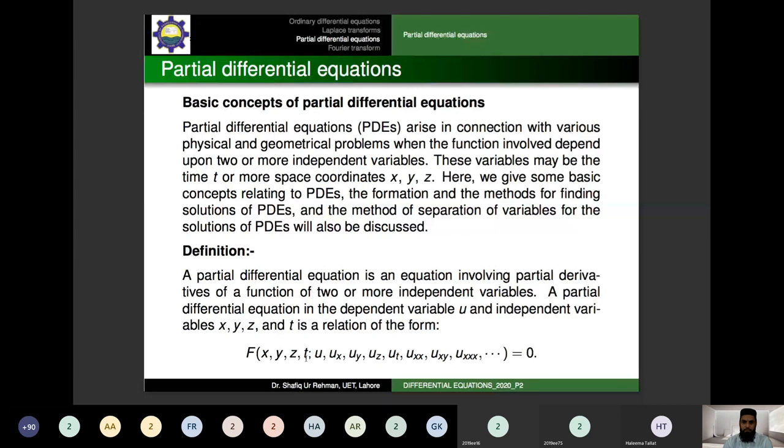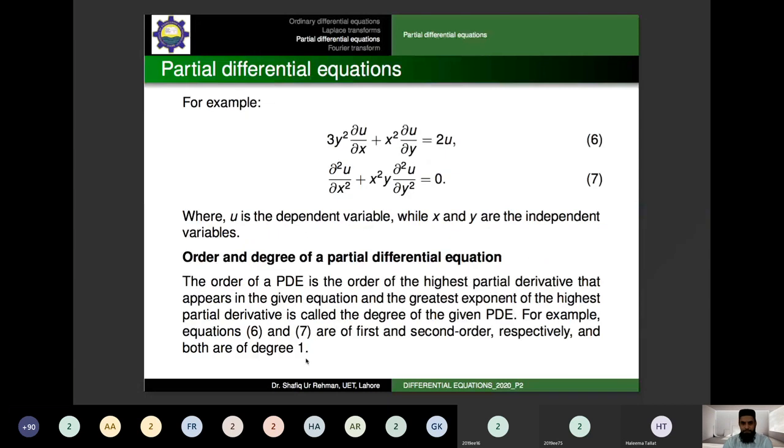Take an example. Particular expressions are there. So you see that it's a relation between u, the dependent variable, independent variables x and y, and the first partial derivatives of u with respect to x and y. In the second example, partial derivatives of u with respect to x and y are there.